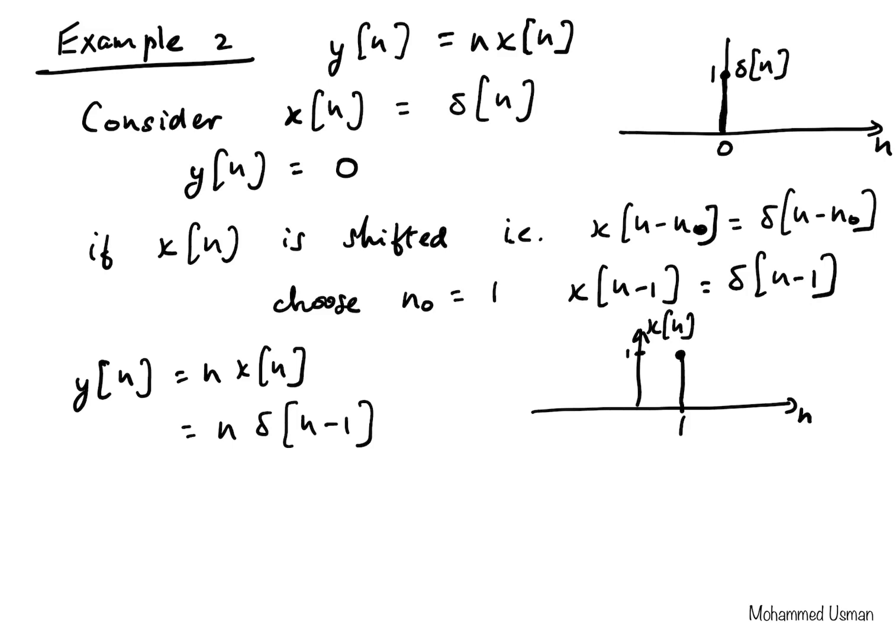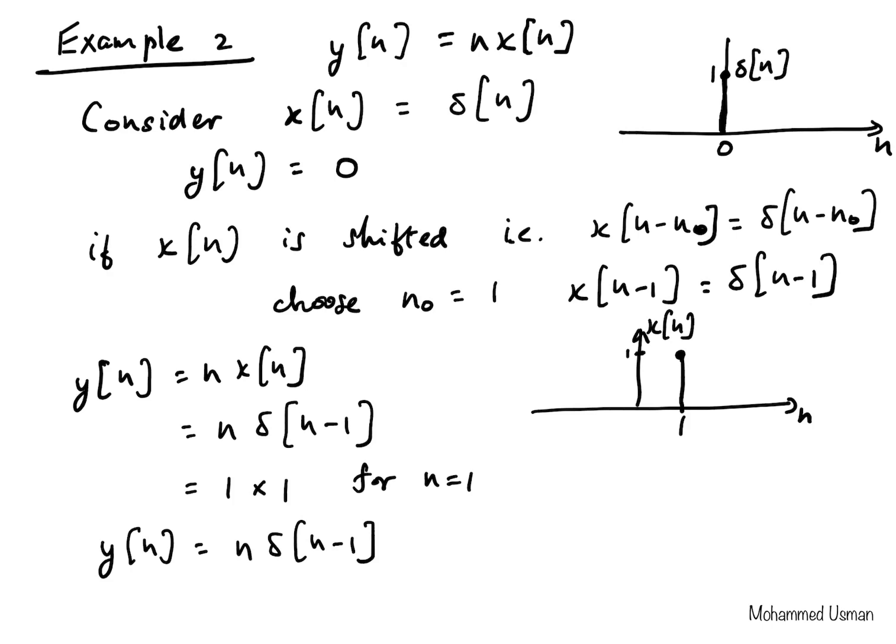It will become 1 into 1, because when n equal to 1, we get delta of 1 equal to 1. That is true for n equal to 1, but in general, y of n is going to be n times delta of n minus 1. Let me write that properly.